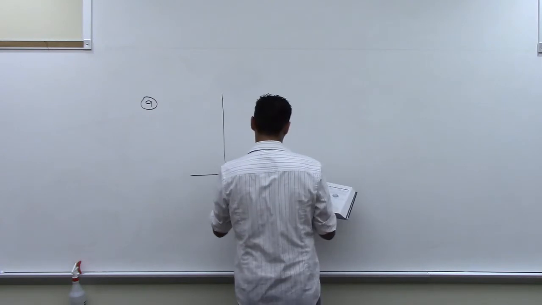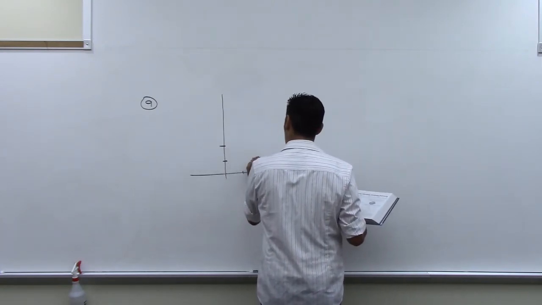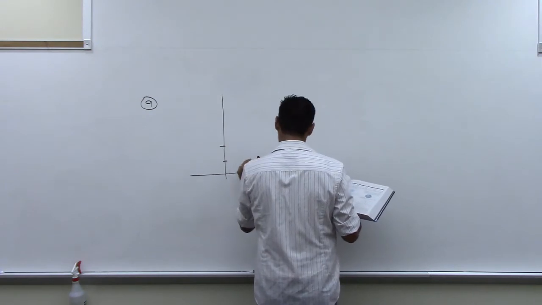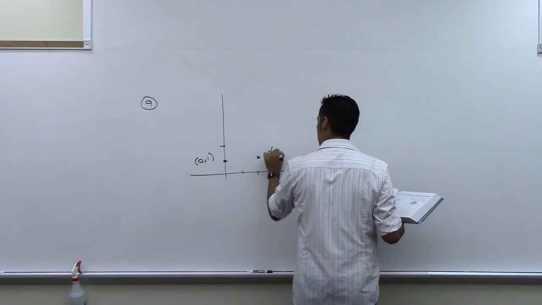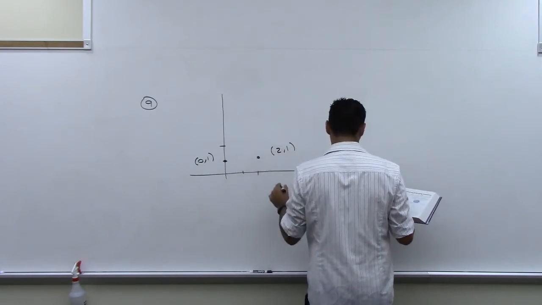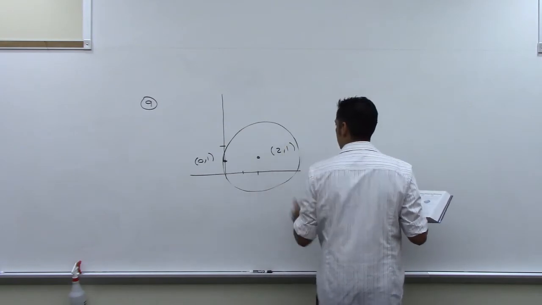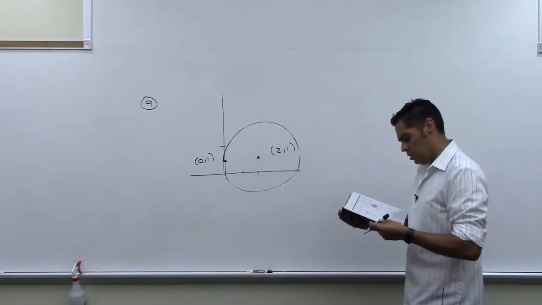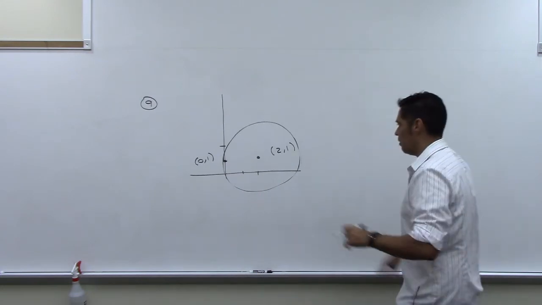So they give you two points, 0, 1, and 2, 1, and they give you this circle, goes around like that, something like that. So they want to know the center and the radius, and then the standard form, the standard equation.